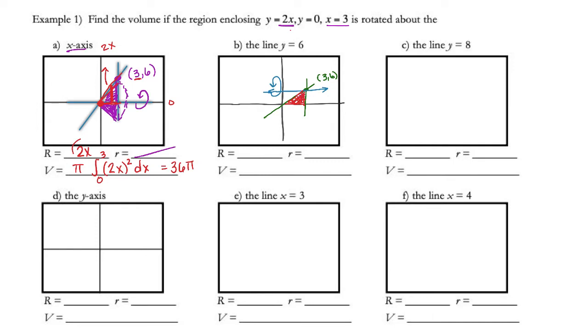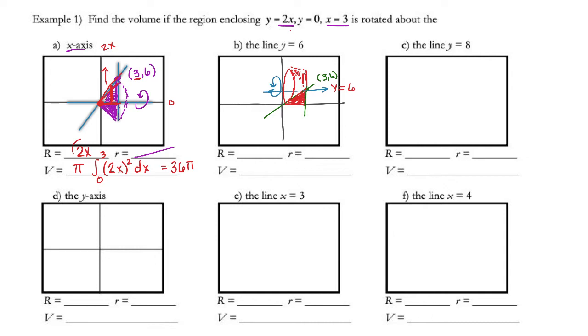And so we need to take this and revolve it about y equals 6. Well, if we do that, notice we are not sitting flush with our axis of rotation. So when we do this revolving, we are going to end up with something that kind of looks like this. We're going to have a solid portion here, but then we're going to have all of this open area here. And so we're going to have to somehow remove that. That's why we need our little r.